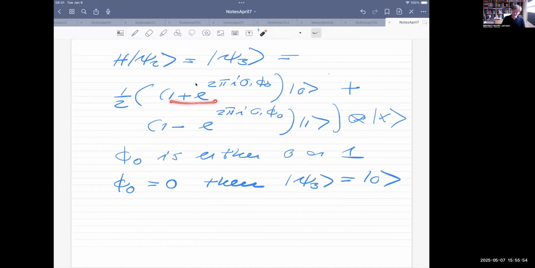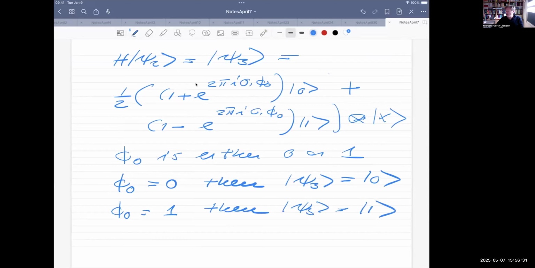And here we get 2 divided by 2. So that gives us a factor of just 1, 1 times 0, and then tensor product with x. So if phi 0 is equal to 0, when we perform this measurement on that first qubit, then we know that the state psi 3 is equal to 0. And if phi 0 is equal to 1, then we have that psi 3 is equal to 1.